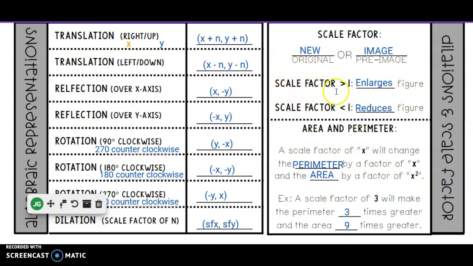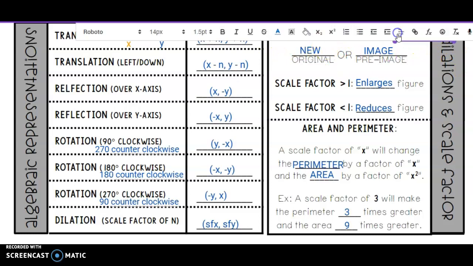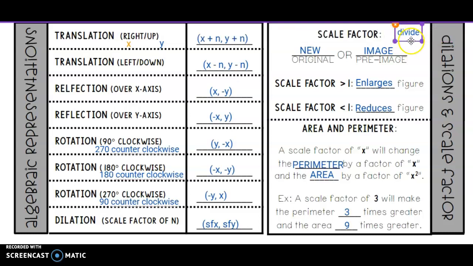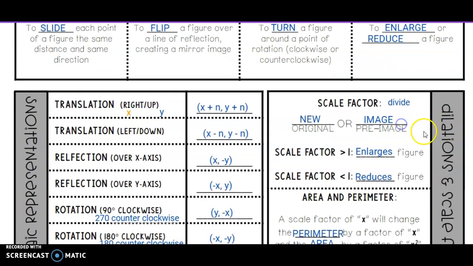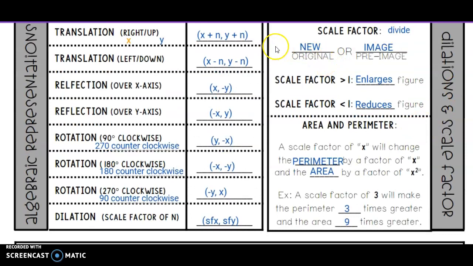And if you were given the scale factor, multiply. That is your algebraic representation. But if you are looking for the scale factor, you need to divide. So I'll put that little clue here. Oh, let's move that back up. So this is the order of your division because the order of division matters.